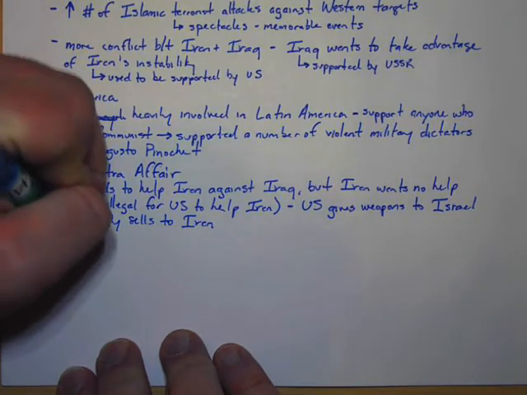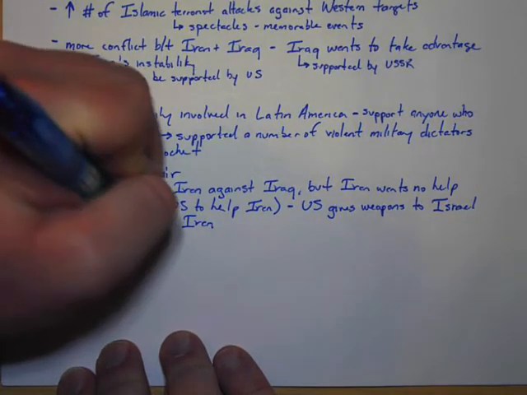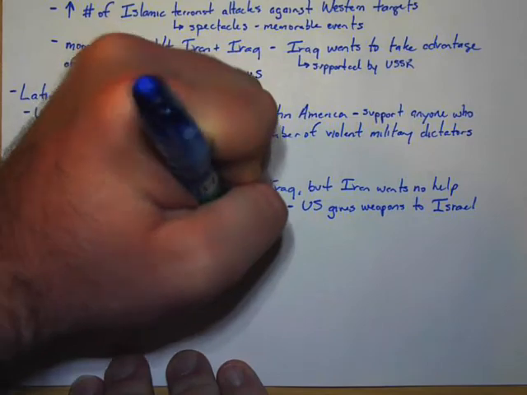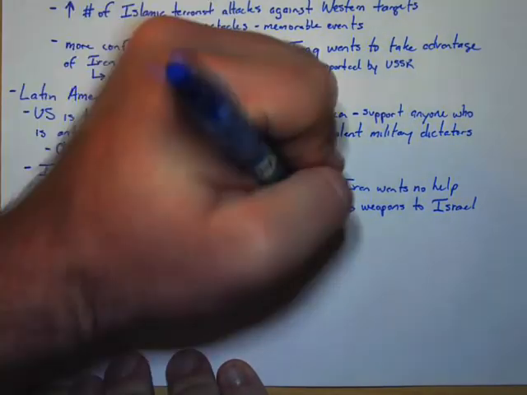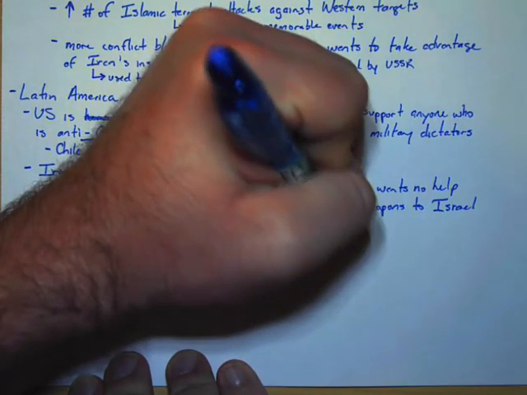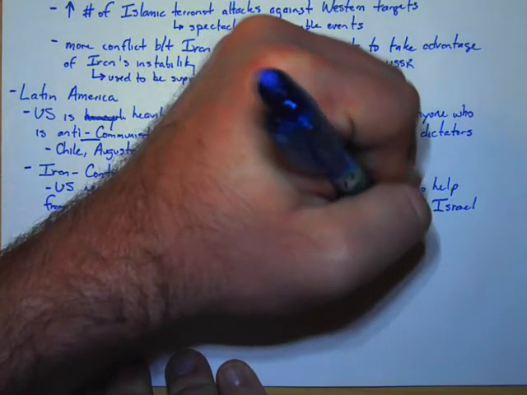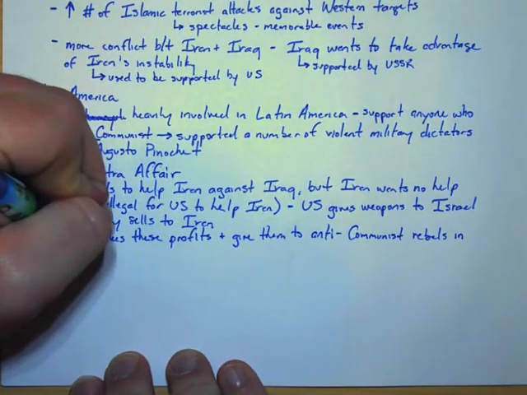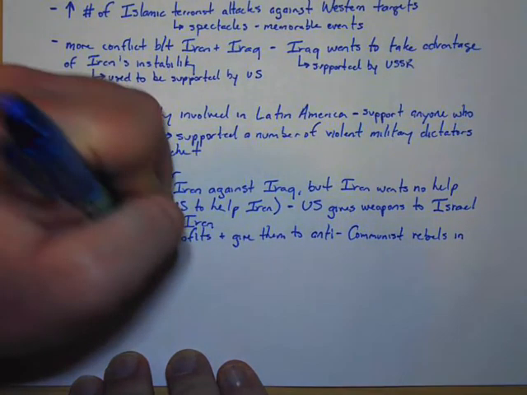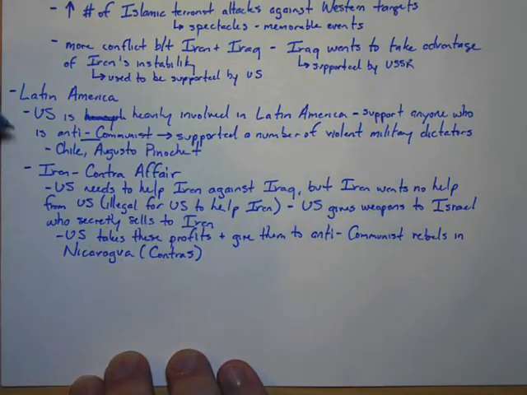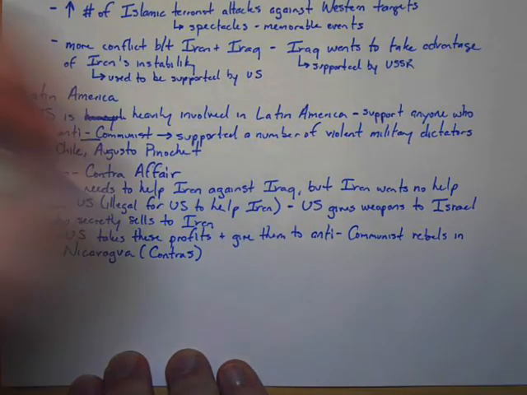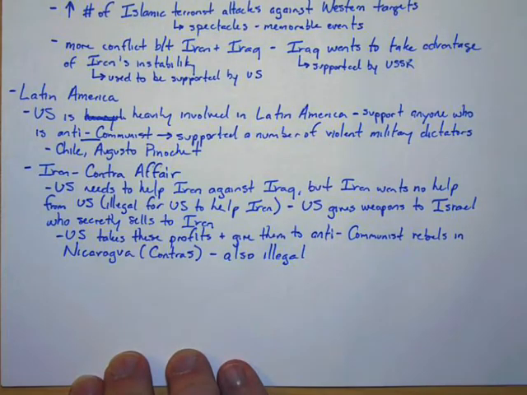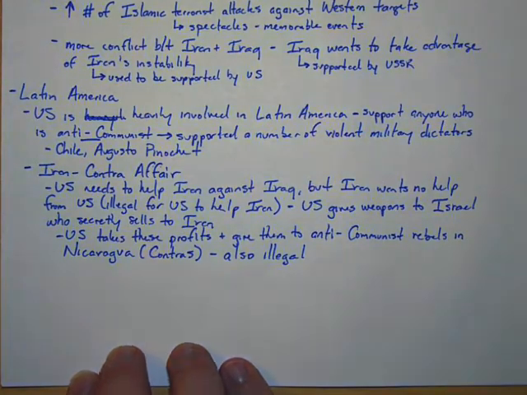Then the U.S. takes these profits, which they can't keep, and they give them to anti-communist rebels in Nicaragua called the Contras, which was also illegal because the United States had gotten involved in Nicaragua so many times.